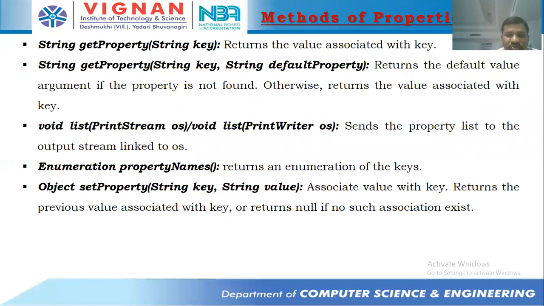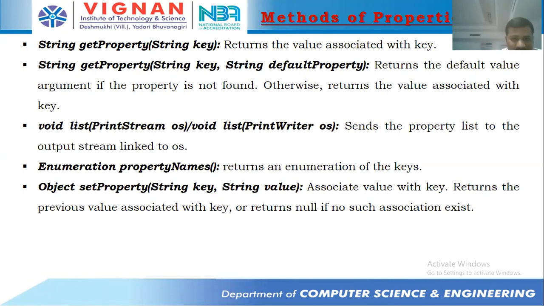getProperty is used to get the value based on the key, and getProperty(key, defaultProperty) returns the default value argument if the property is not found, otherwise it returns the value associated with the key. So it gives the default value. If we send both, I will be showing you, no problem.